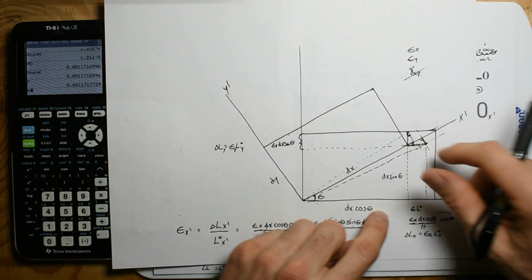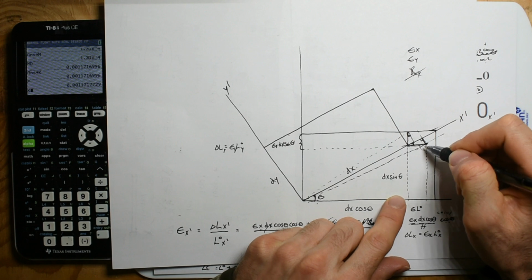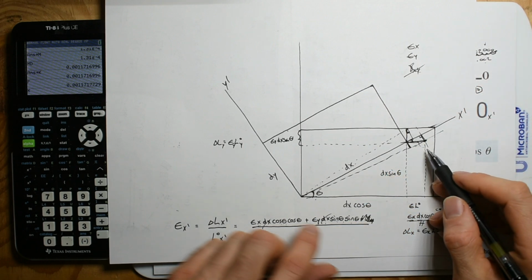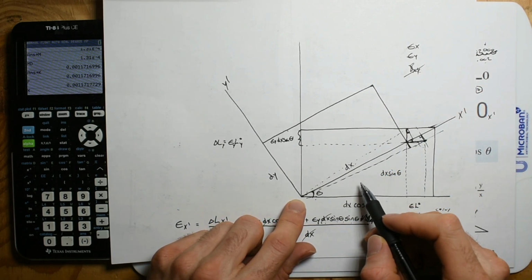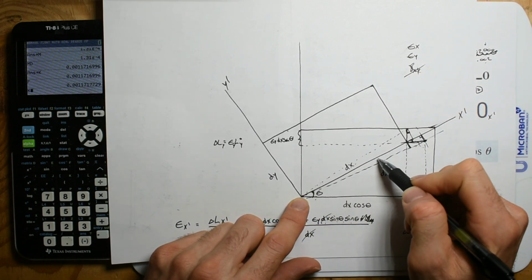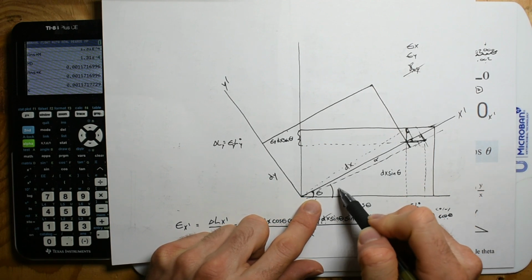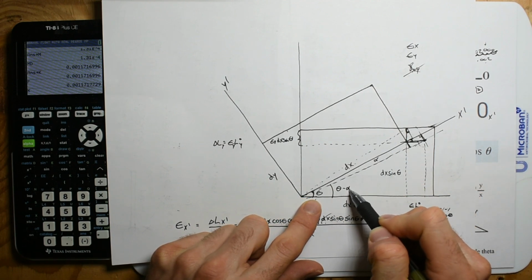If this changes over here, if we want to find the true change in length, so if I drop this down to there, let's see. So this angle alpha happens. So this angle is going to be theta minus alpha.